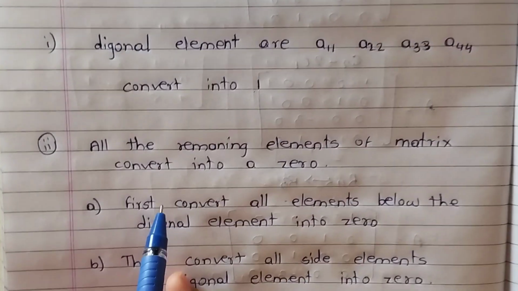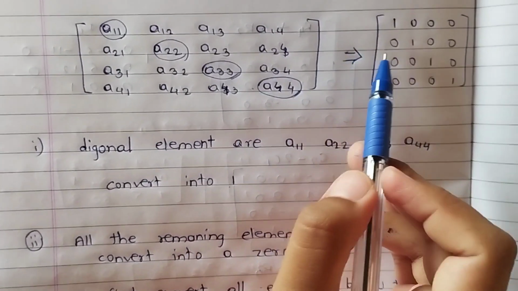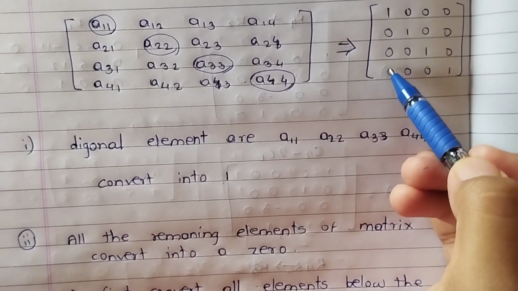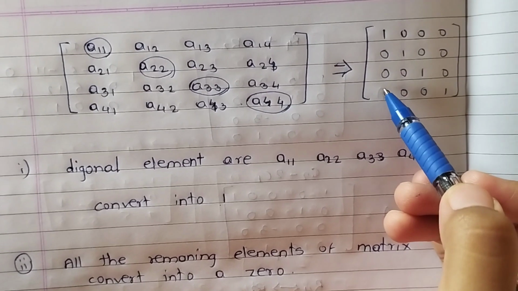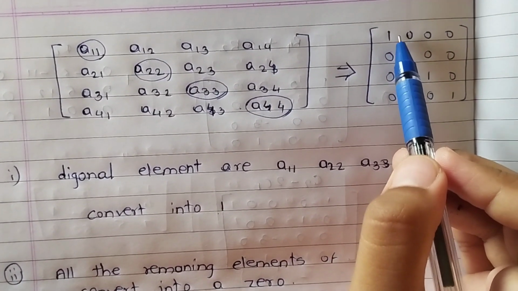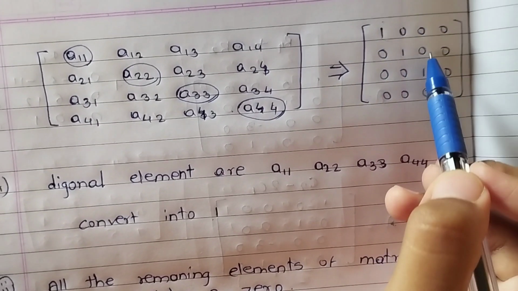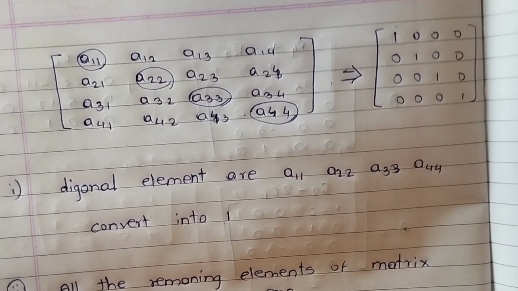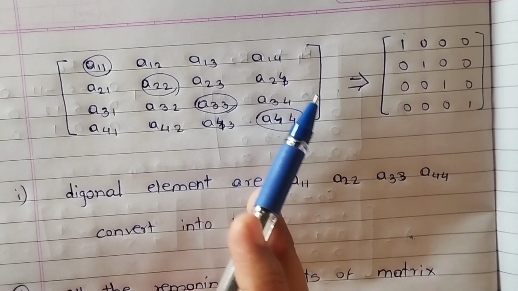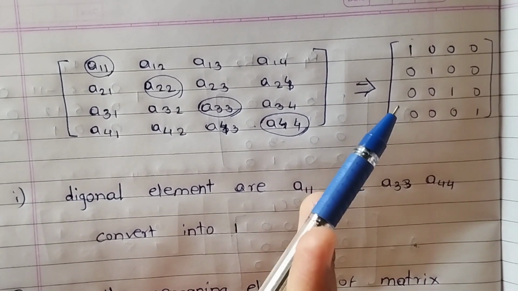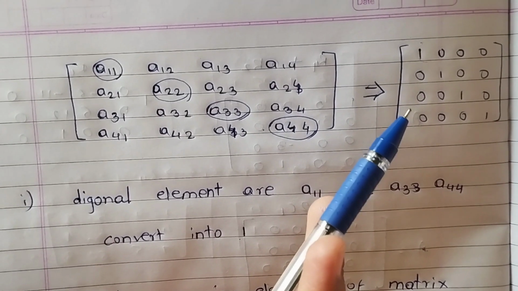For that, first convert all the elements below the diagonal element into 0. Then, second step, convert all the side elements of the diagonal element into 0. If we follow the steps, you get the answer in a short time. Otherwise you get the answer but it takes a long time.